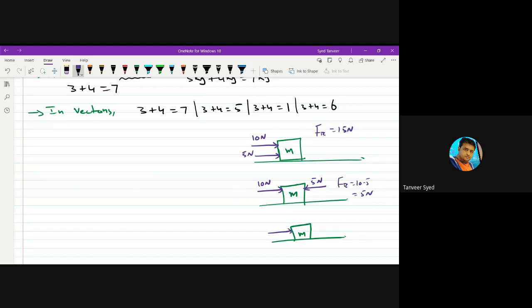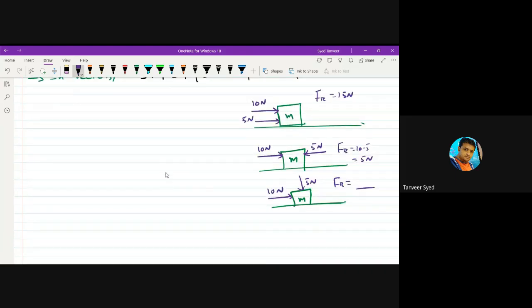If 10 Newton force is acting like this and 5 Newton force is acting like this, then you get some different value of the resultant force, which you'll understand after we discuss the parallelogram. It is neither 5 nor 10 nor 15. It's some value between 5 and 10.